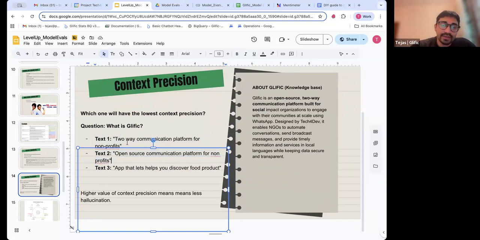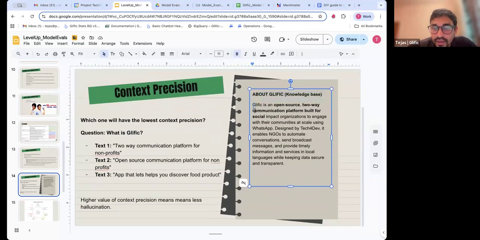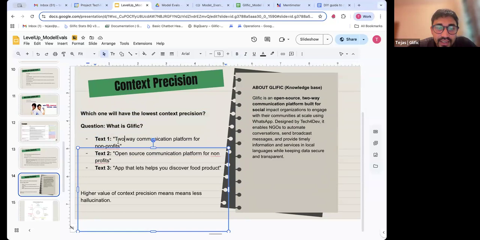imagine we click a button and get a score. What it checks is, when we ask this question, what are all the things picked from the knowledge base to generate an answer, and does the final generated answer have any correlation with the information that was first picked from the knowledge base?